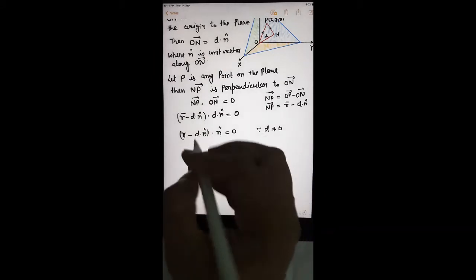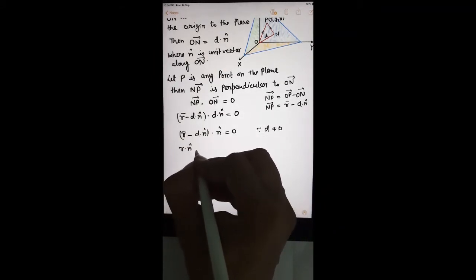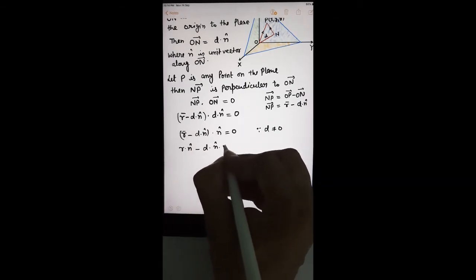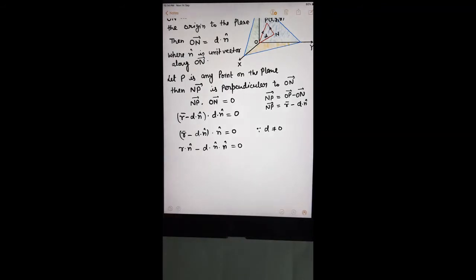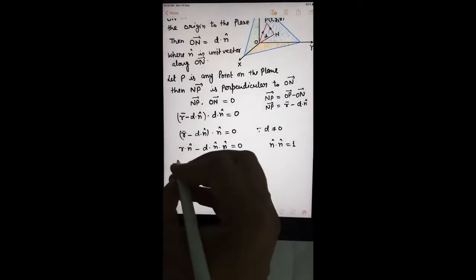Now if we open the bracket, we get R dot unit vector n minus D dot unit vector n dot unit vector n is equal to 0. Now you know that the dot product of a unit vector by itself is always 1.